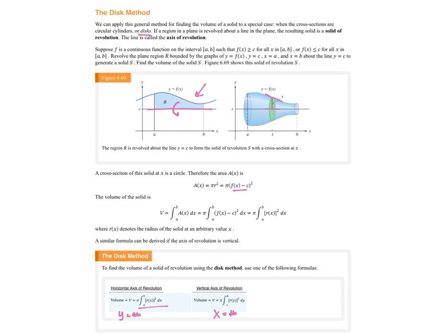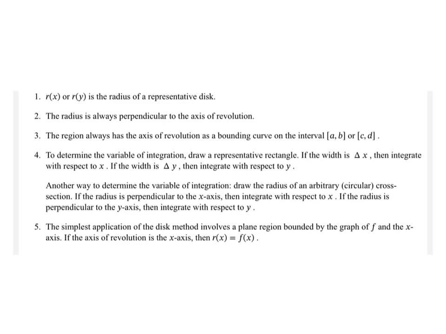Okay. So on the closer look, there were a couple of things in the book that I wanted to pay special attention to. Here we have Rx or Ry is the radius of the disk. There's different kinds, but you've got to know if it's perpendicular to the x-axis.